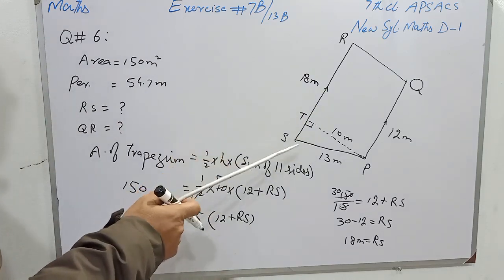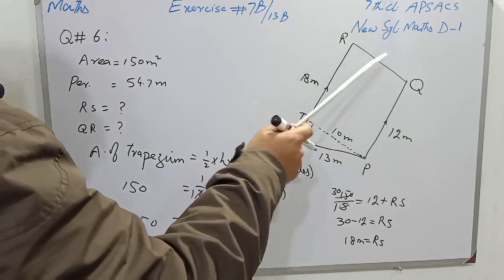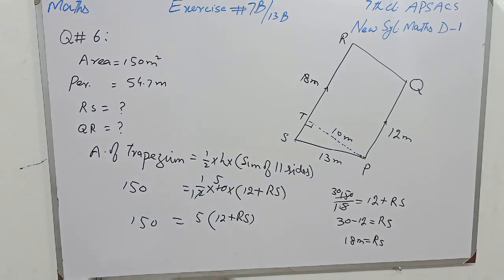Now we will apply the formula of perimeter of trapezium and find the value of RQ.